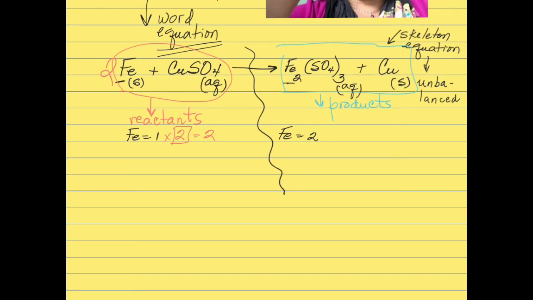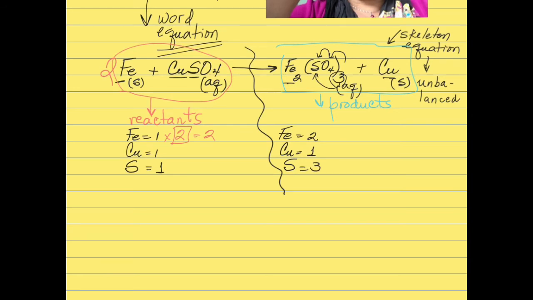Then I'm going to continue because you're counting. 1 copper over here, 1 copper over here. I don't have a problem with the copper. Sulfur, I have 1 over here in my reactants. This 3 over here is affecting whatever is inside the parentheses, so I have 3 sulfur in my products.